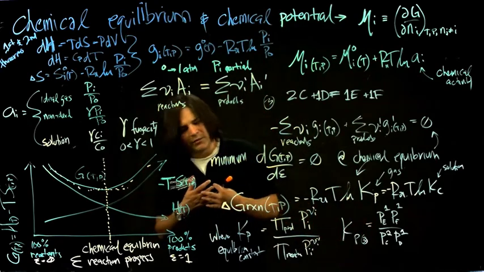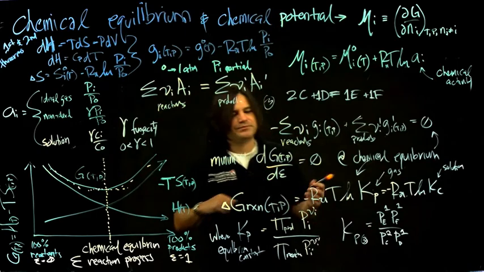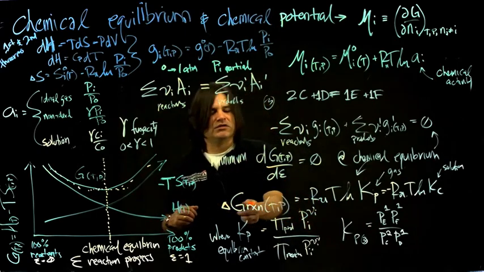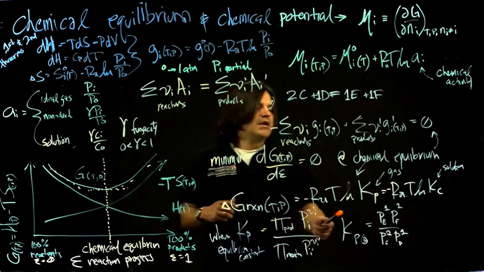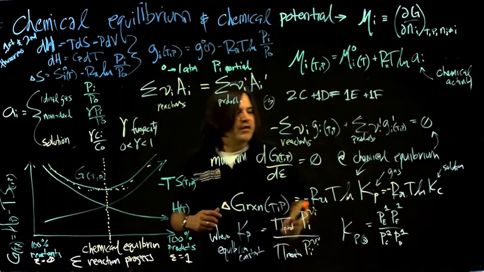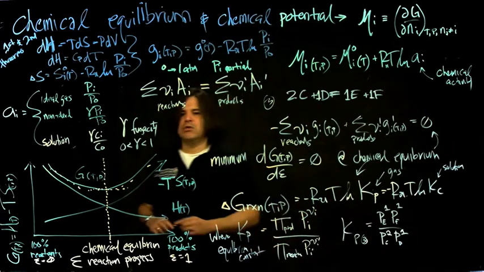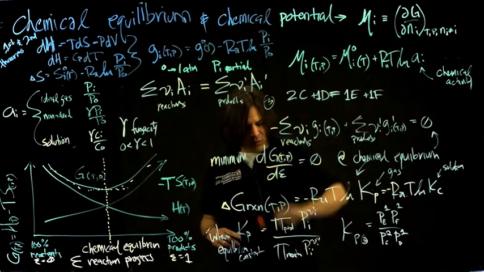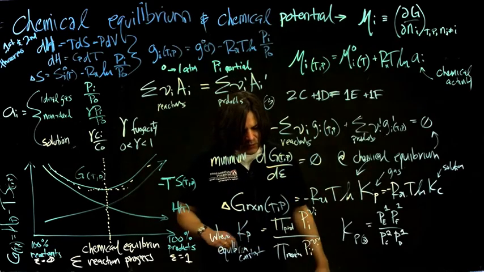There are theories to help you find it from first principles. You might be able to find the Gibbs free energy, the delta G of this reaction, and then based on the temperature and this relationship here, you might be able to find that. You could also express it in terms of the chemical potential as well.